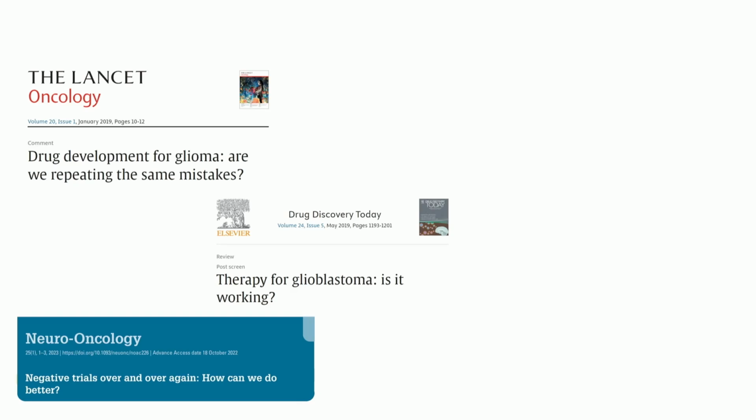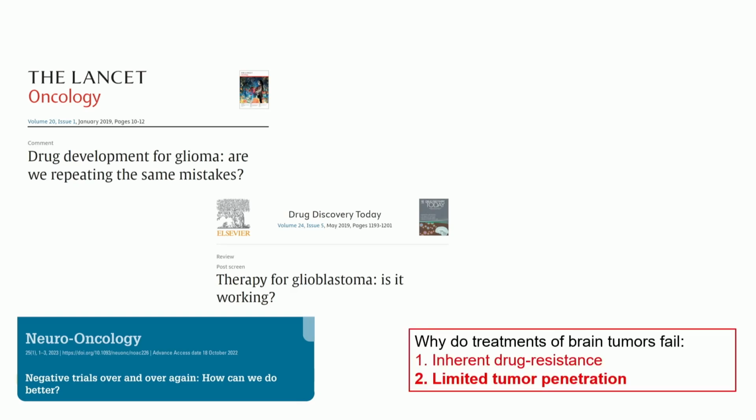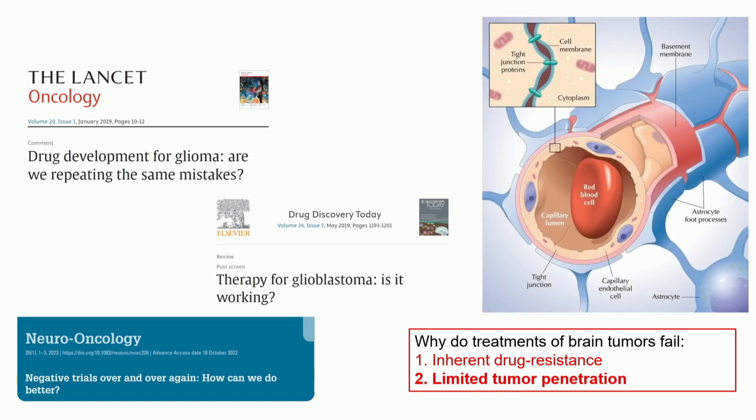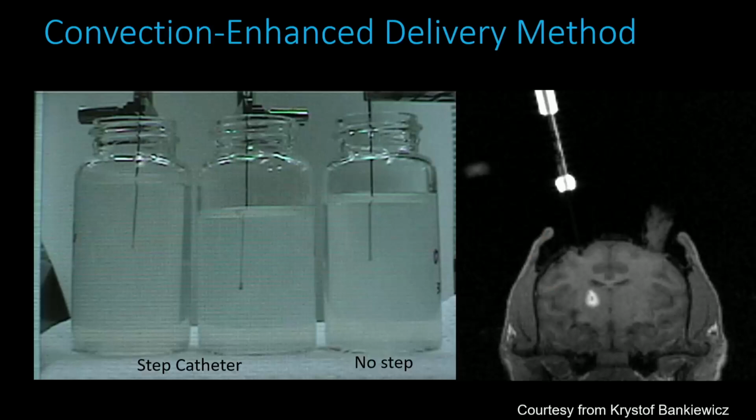Here is just outlining again the key issues, why we see limited brain tumor therapies being successfully translated, and one of those is the limited tumor penetration. Sorry, there's some mix-up. So this was the video I wanted to show.